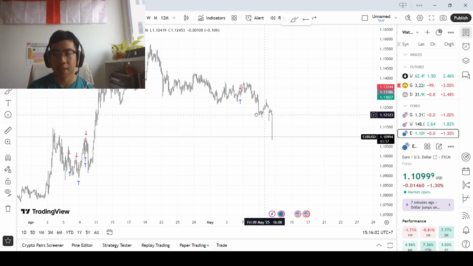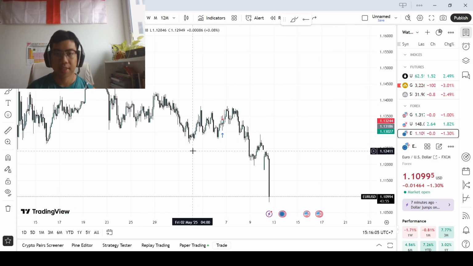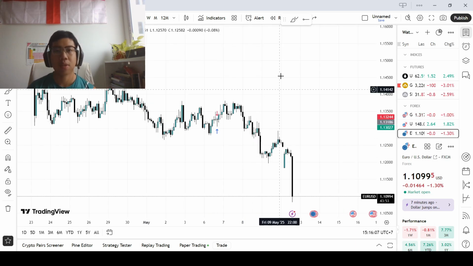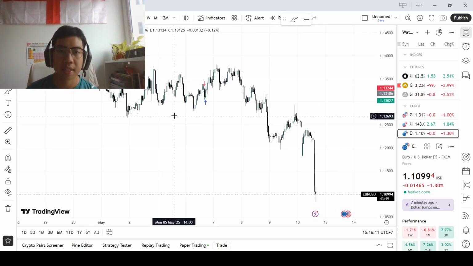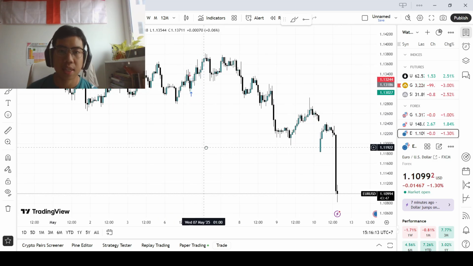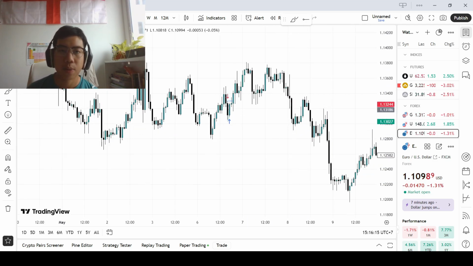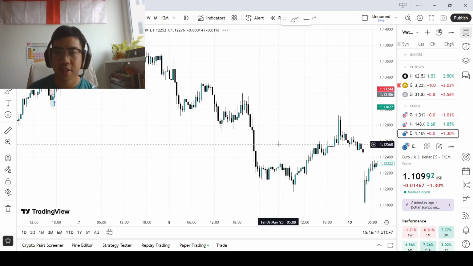We can see that we are in a phase of consolidation here as well. On the 1 hour, we were also in a phase of consolidation, going down on 30 minutes.